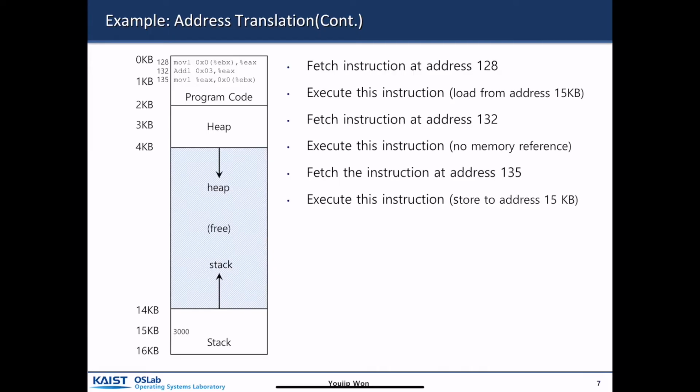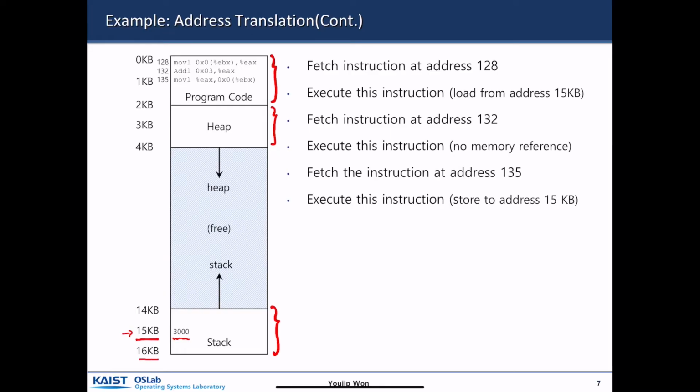In the process virtual address space, there is a code segment, heap segment, and stack segment. And in the stack, there's a local variable that contains 3000 as its value, and the location of that variable is 15 kilobytes. And then the stack starts from 16 kilobytes.